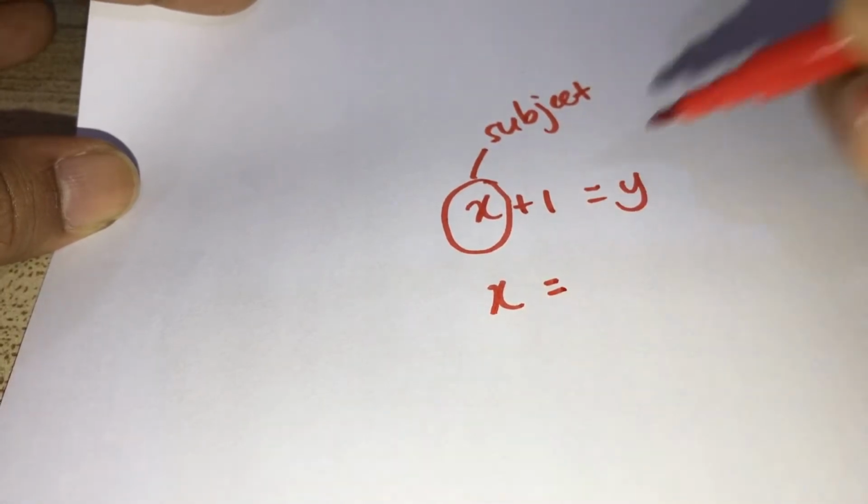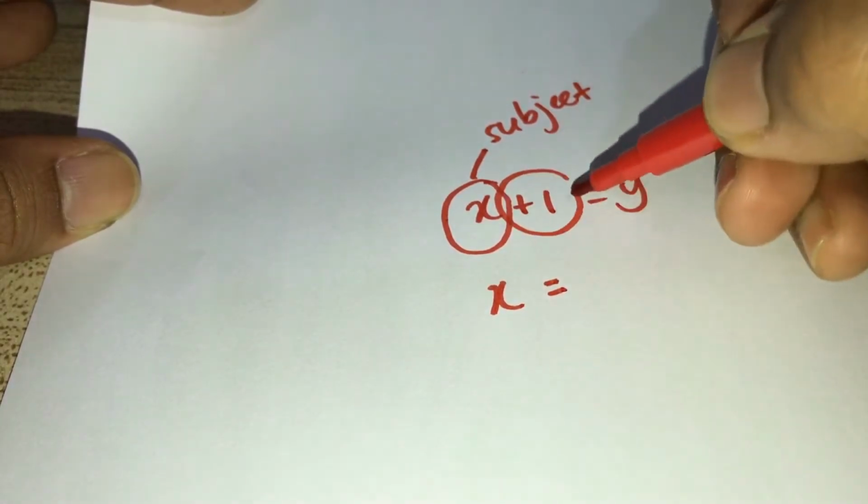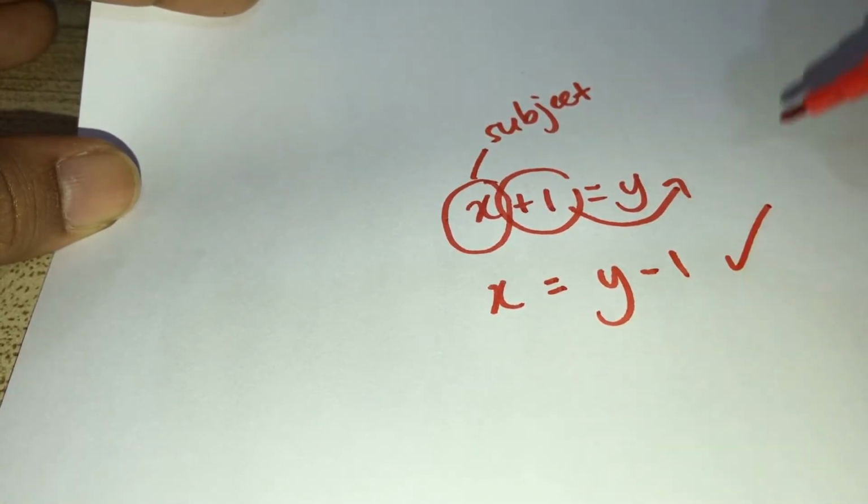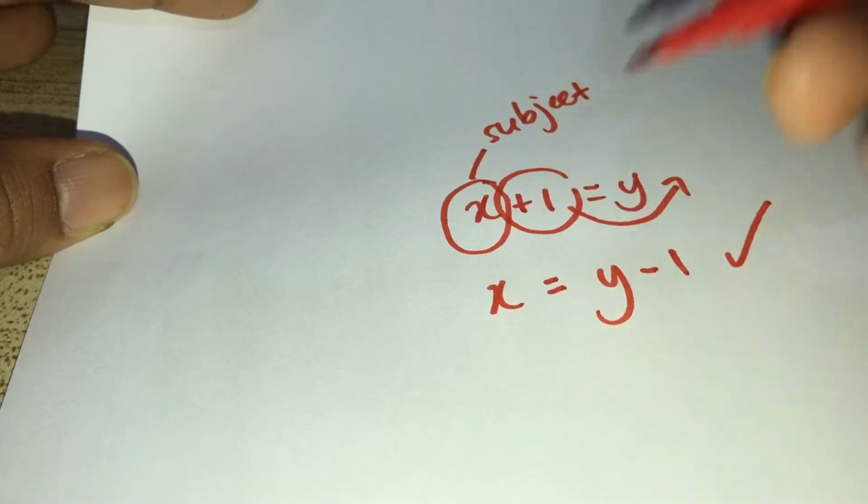Move the 1 to the right, so it becomes y minus 1. Then finish.